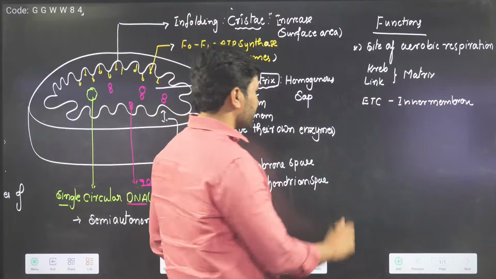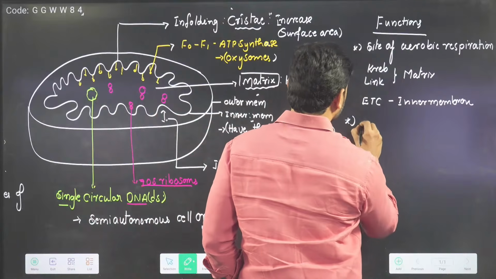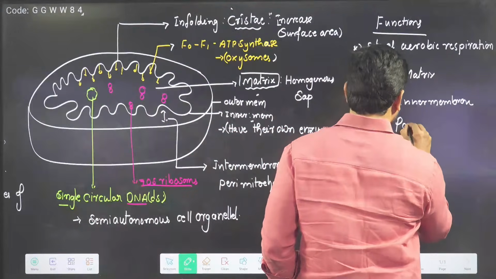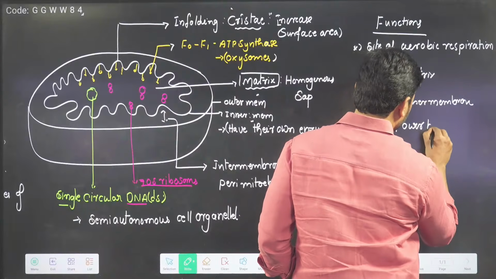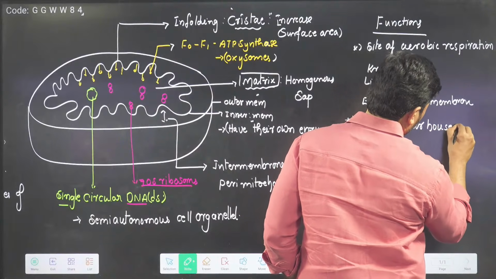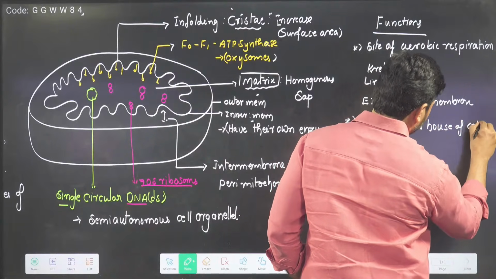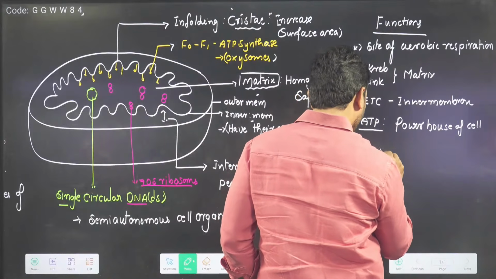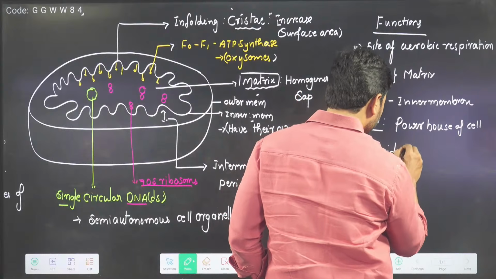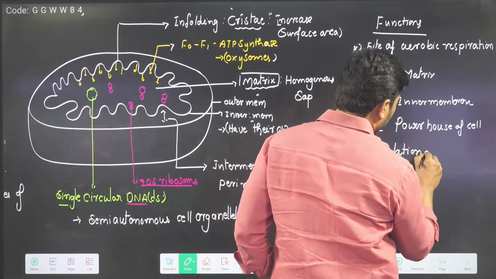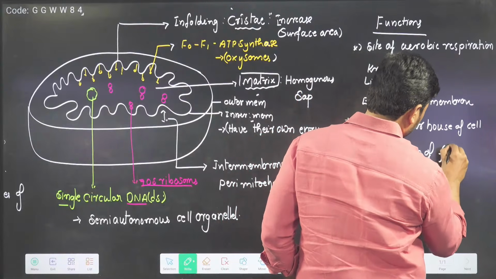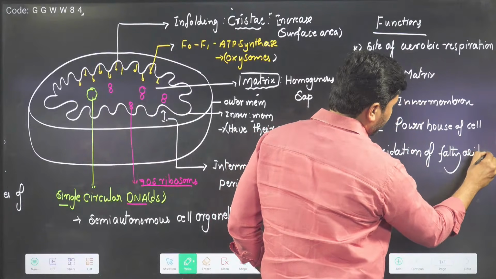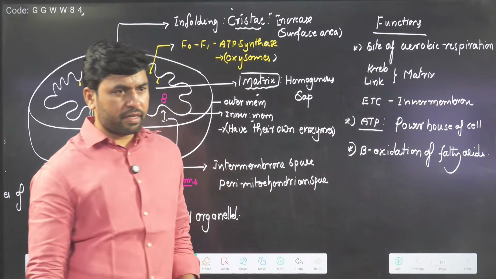Next one. Since it synthesizes ATP, that's why it is also known as powerhouse of cell. One more event, beta oxidation of fatty acids. What does it mean by beta oxidation of fatty acids?